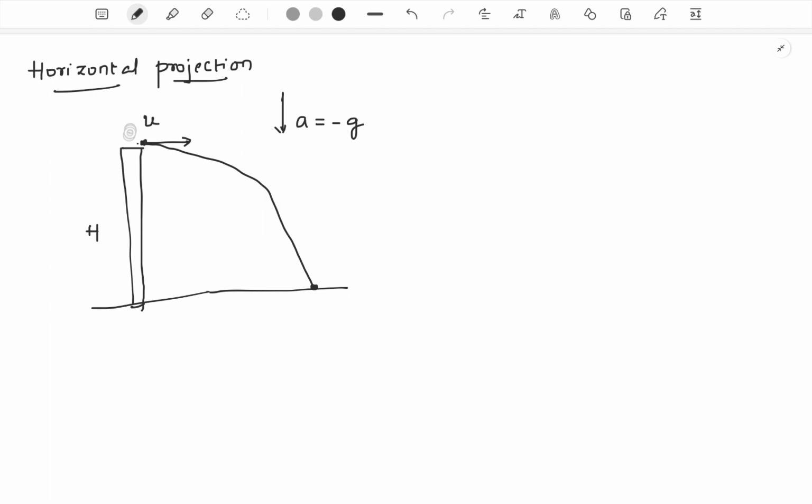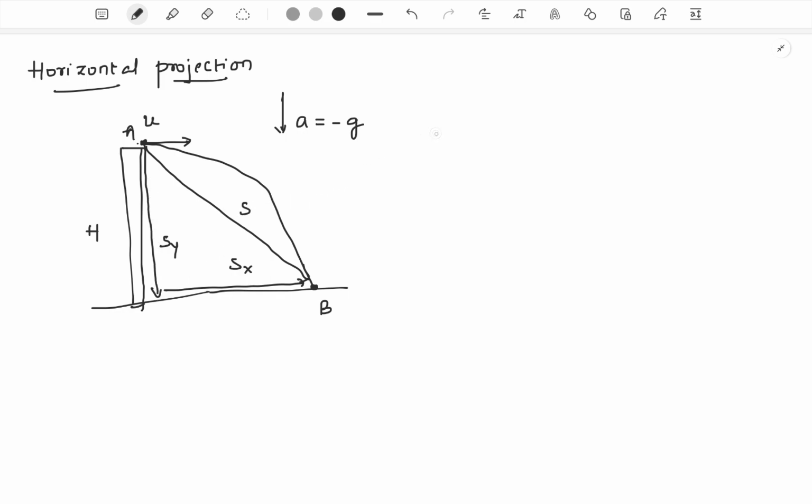First let's try to find the time taken by the body to reach ground. Okay, so if it is projected at point A, it hits the ground at point B, this would be the actual displacement of the particle. So we can write displacement along the y direction and displacement along the x direction. You see, as we discussed earlier, displacement along y direction depends only on the velocity along y direction and acceleration along y direction. Okay, so first let's find time taken.